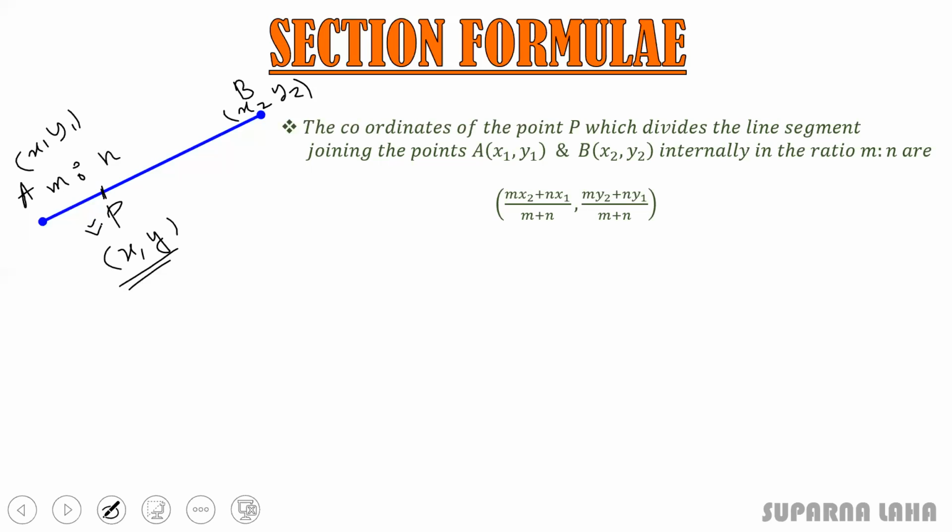So coordinate of P is given by (m into x2 plus n into x1) by (m plus n), (m into y2 plus n into y1) by (m plus n).